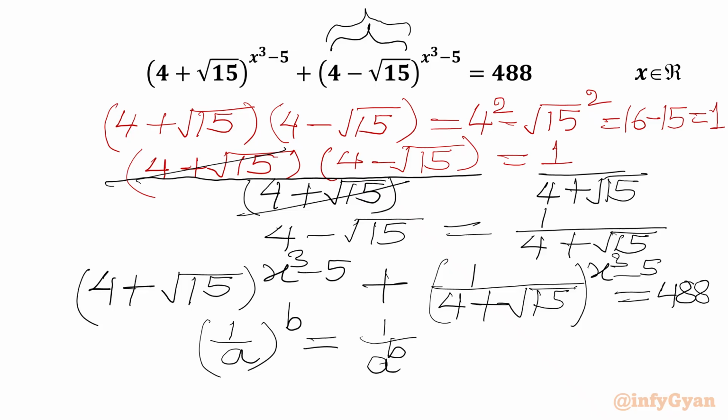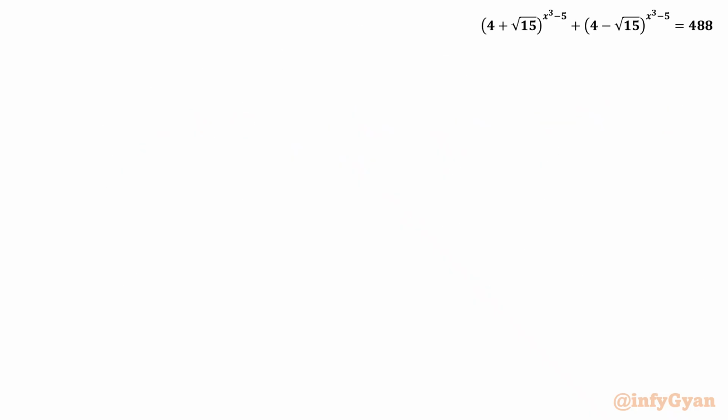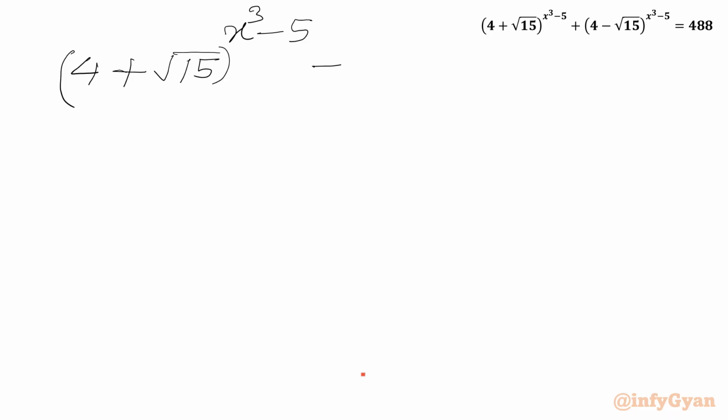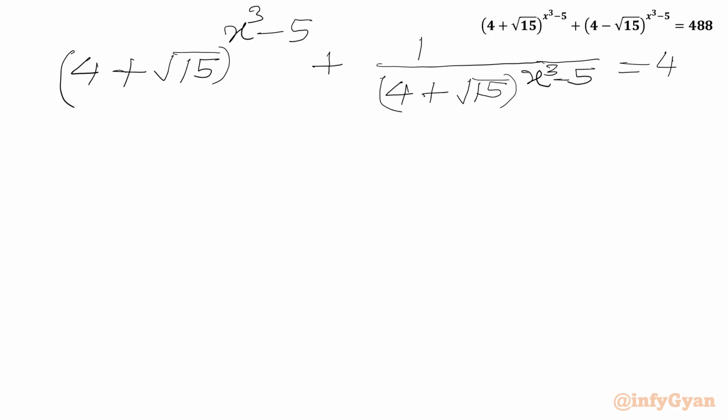So I can write the equation (4 + √15)^(x³ − 5) + 1 over (4 + √15)^(x³ − 5) equal to 488.